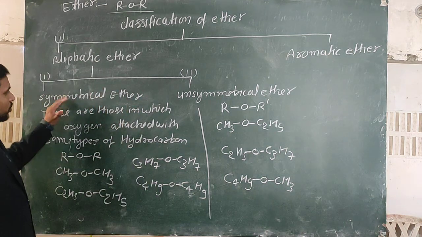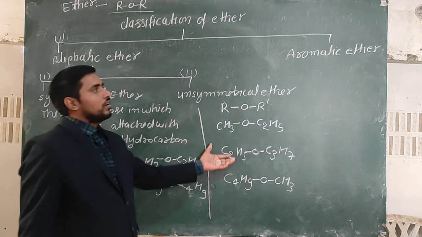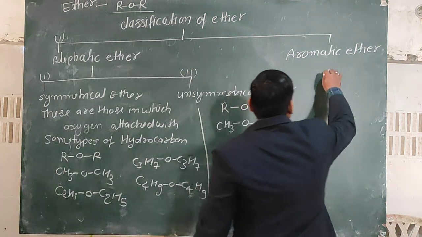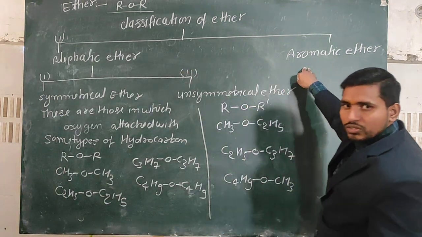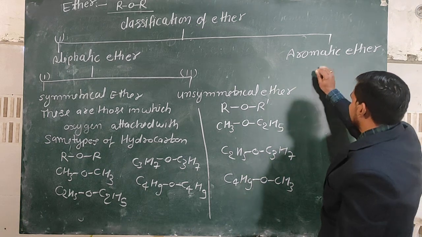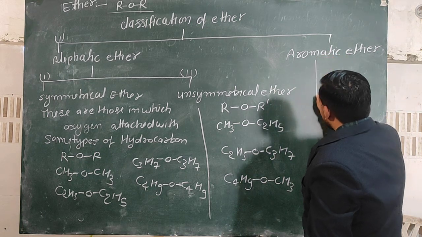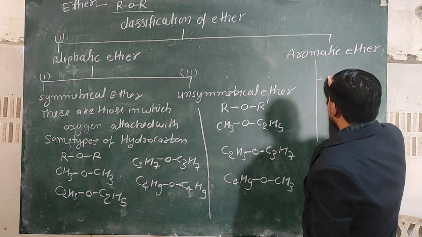After the knowledge of symmetrical and unsymmetrical ether, we try to understand the second part of ether, which is known as aromatic ether. Aromatic ethers are also classified into two categories.